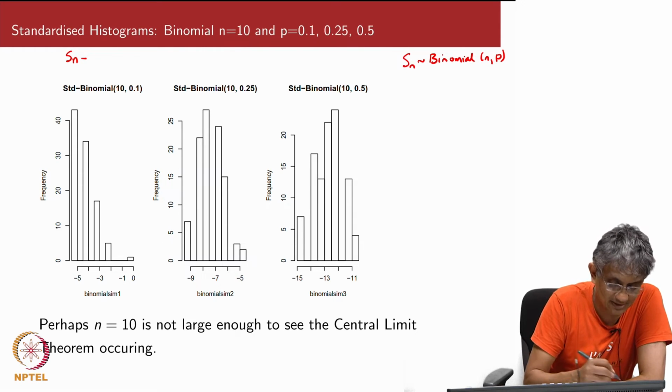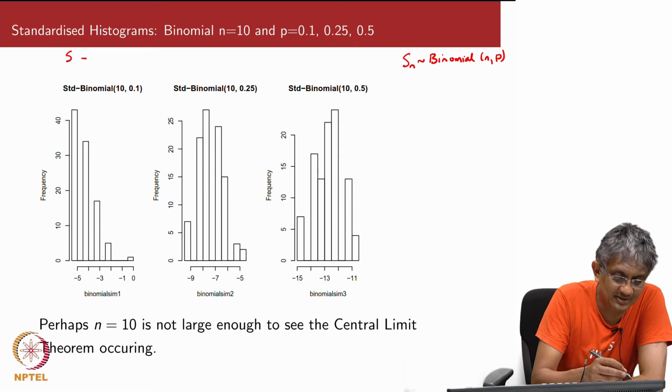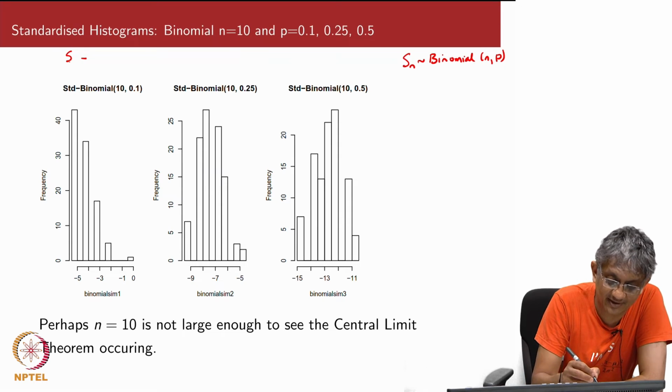In this thing I've taken the previous histogram data set that I have. I've taken S10 minus 10 times 0.1, that's 1, divided by the square root of 10 times 0.1 times 1 minus 0.1, that's 0.9. That's what this one is doing.